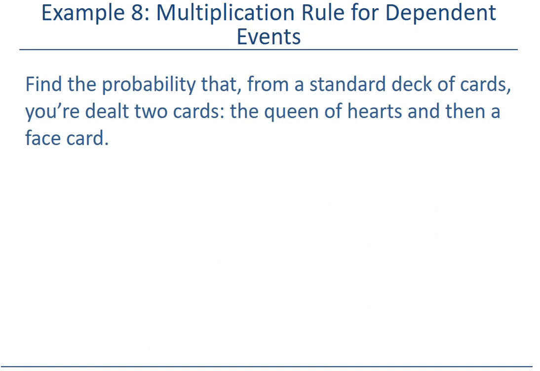Find the probability that from a standard deck of cards, 52 cards, you're dealt 2 cards. The Queen of Hearts, and then a face card. Now, as we look at this, we'll think about this together as we do it here.